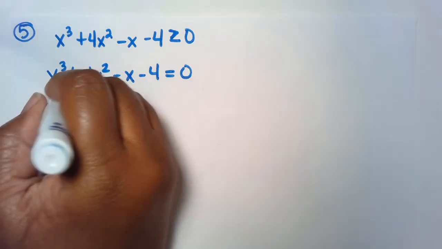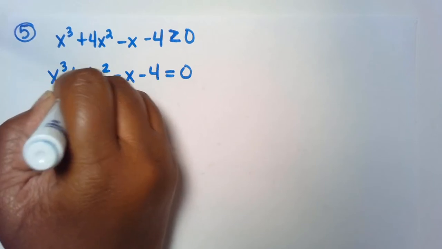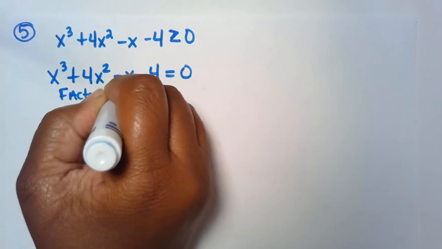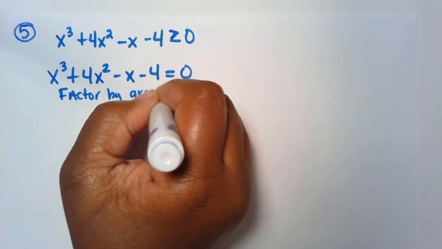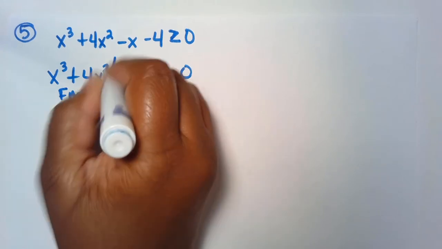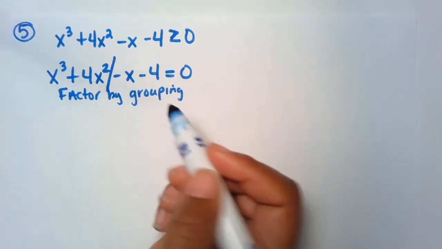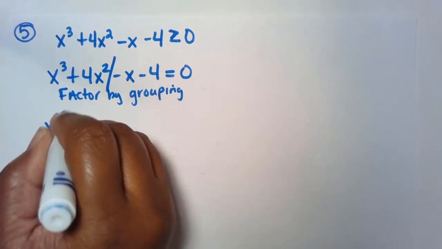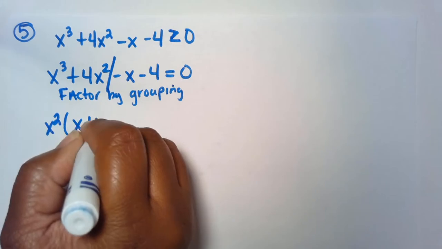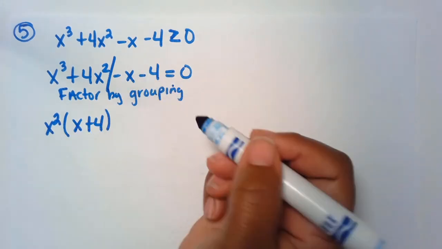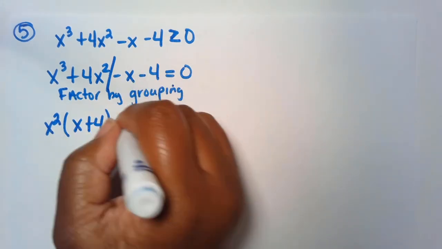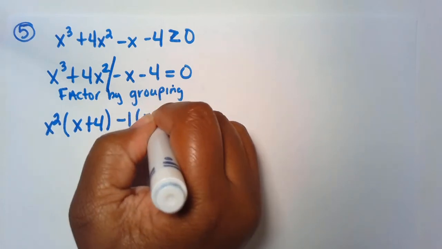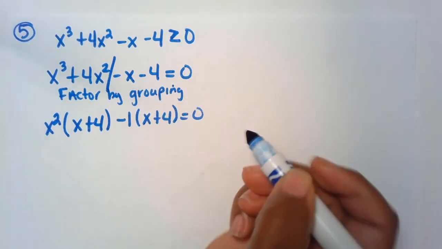Factor by grouping. We're going to split in half, group the first 2 terms together, and factor out a GCF. We're going to factor out an x squared, and then we have x plus 4. Then the last half, we're going to factor out a -1, and we have x plus 4.